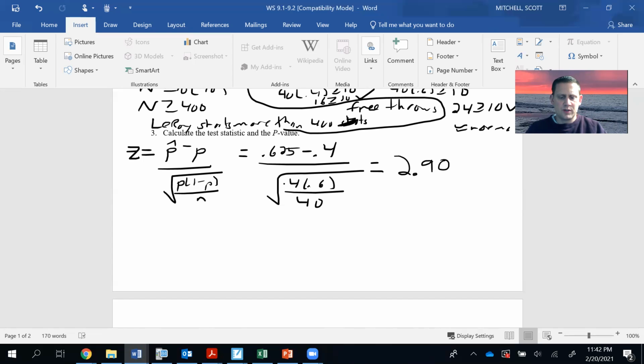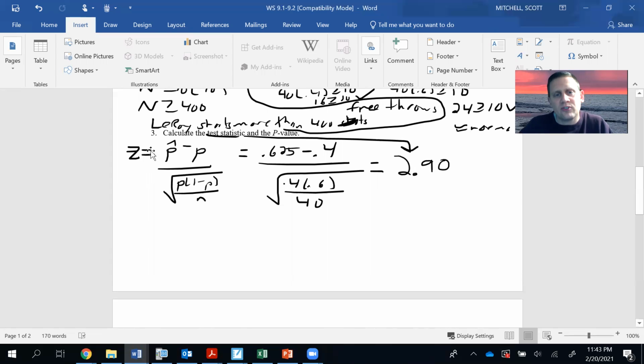I'll just type it in one more time just to verify. Yep. So we're good. All right. So this is my test statistic. Okay. So they want the test statistic. That's this. P-value. So we found those before. We just didn't call them a test statistic. So everything we're doing, we have actually done before. We just called it something different.